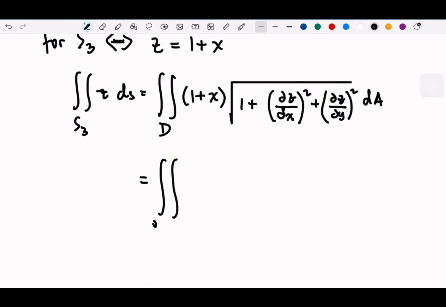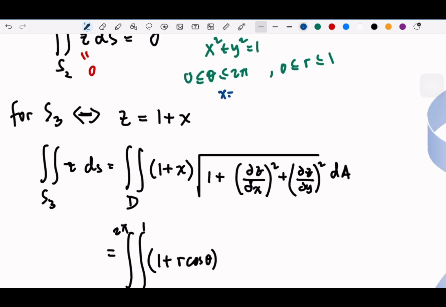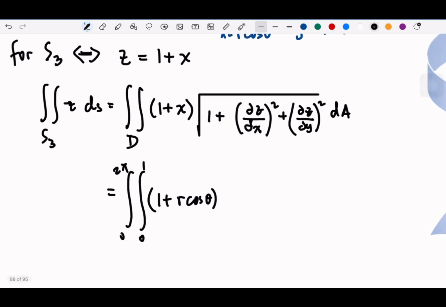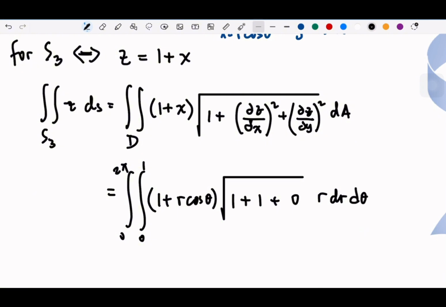So this will be 0 to 2 pi, 0 to 1. And this will be 1 plus r cosine theta. So 1 plus 1, and the rest will be 0. And dA will be r dr d theta.